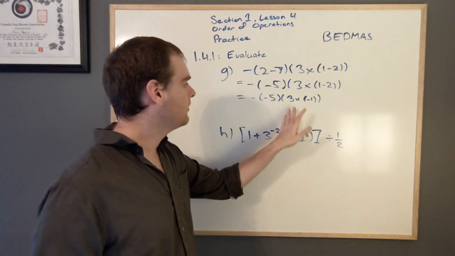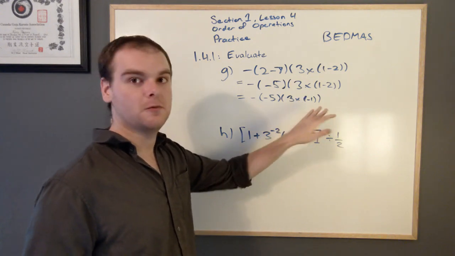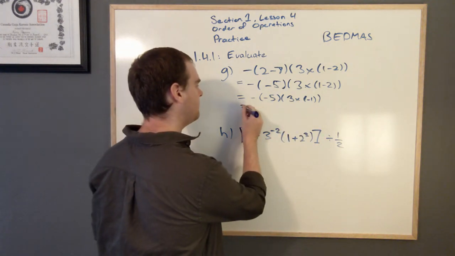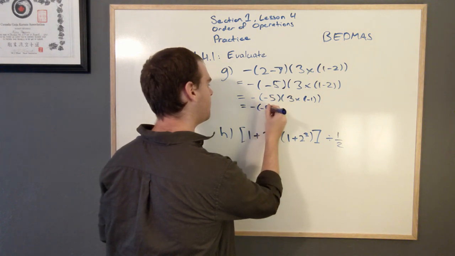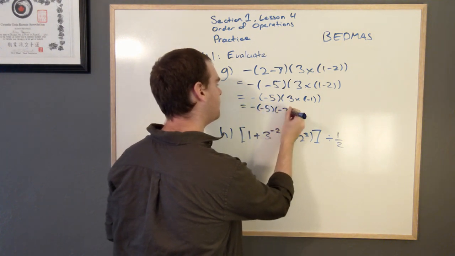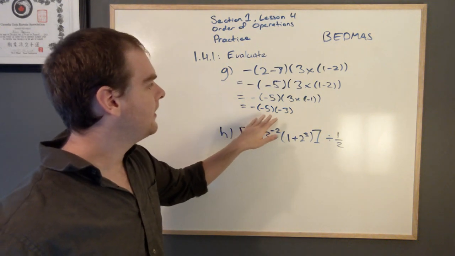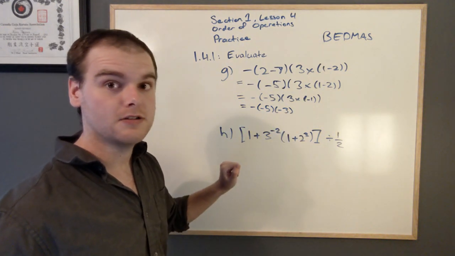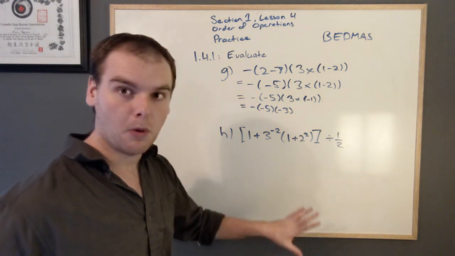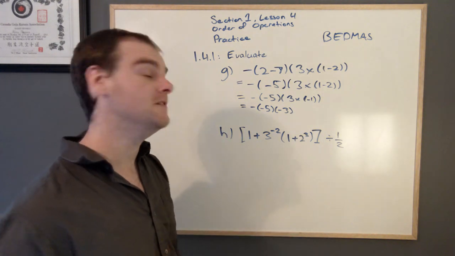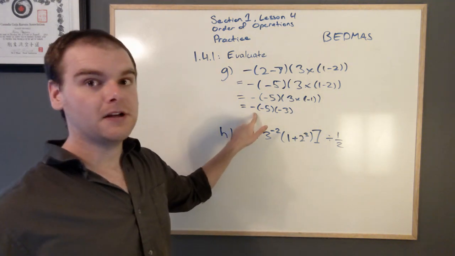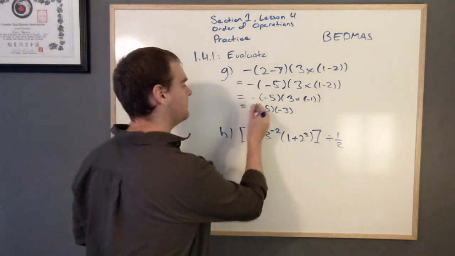Now we go to the outer bracket here. 3 times negative 1 is negative 3. And the brackets are done. There's no exponents, so we go to multiplication and division. This little negative out here, that's an implied negative 1 being multiplied.